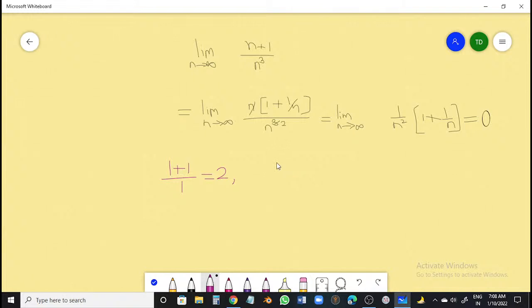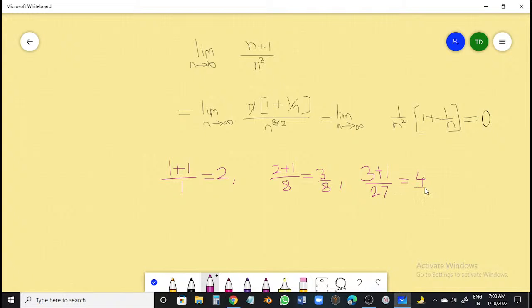What is the second term? 2 plus 1, and upon 2 cube, 2 cube is 8, so 3 by 8. You can see the first term was 2 and you jumped down to 3 by 8. It's a fraction. Now let us go to the third term, 3 plus 1, and upon you have 3 cube. 3 cube is 27. So the value is 4 upon 27.